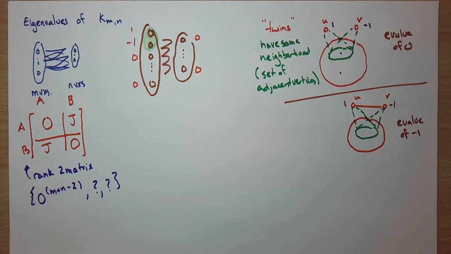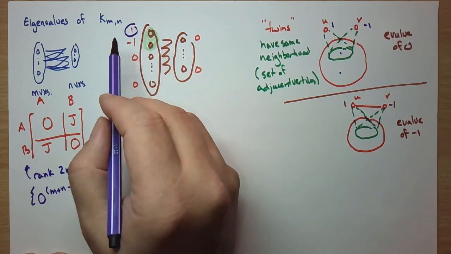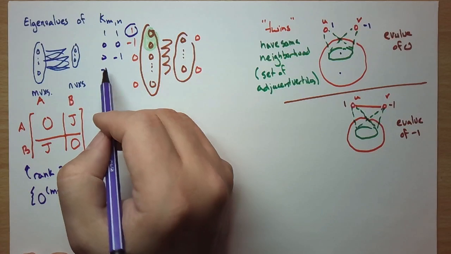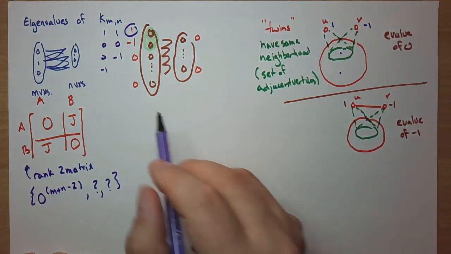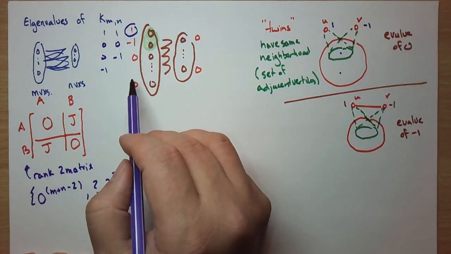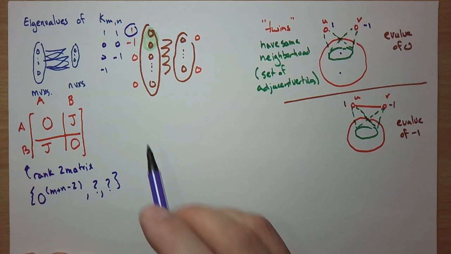So it's true we can make lots of eigenvectors, especially if our eigenspace has non-trivial dimension. But we care about linear independence. So the easiest way to make linear independence is just say, okay, I'll fix the 1, and then I'll have a 1, 0, minus 1, and then I'll have a 1, 0, 0, minus 1, just work my way down. And then I can form m minus 1 eigenvectors on the left, n minus 1 eigenvectors on the right.